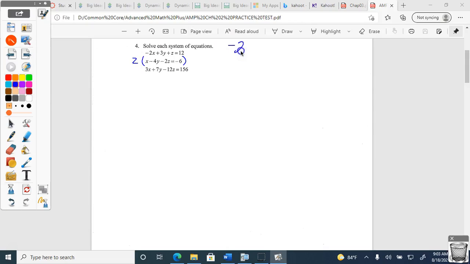So we're going to have -2x plus 3y plus z equals 12, 2y, and 2x. That would be 8y. We just copy. I just rewrote the top one. So 2x minus 8y minus 4z equals -12.